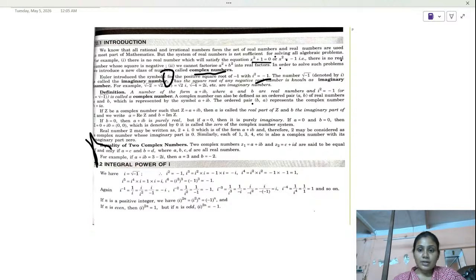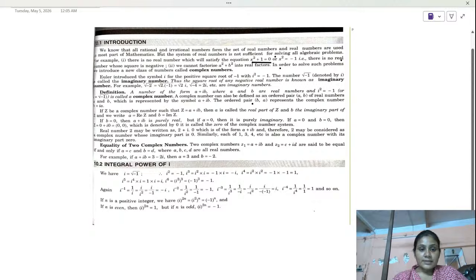So the square root of a negative number will be an imaginary number. Some imaginary numbers can be written as, for example, 2 root under minus 1. So these are some imaginary numbers.